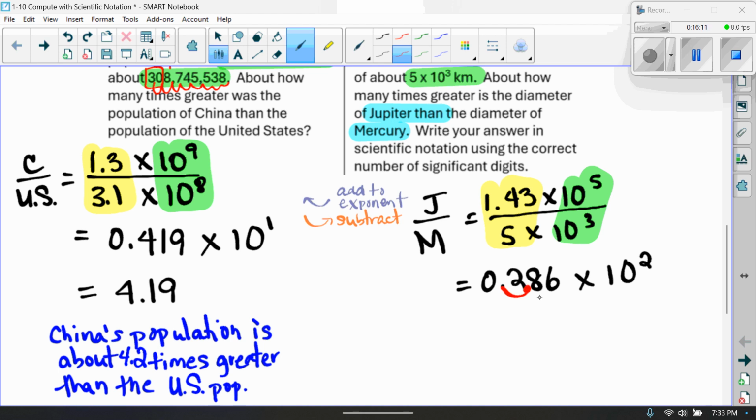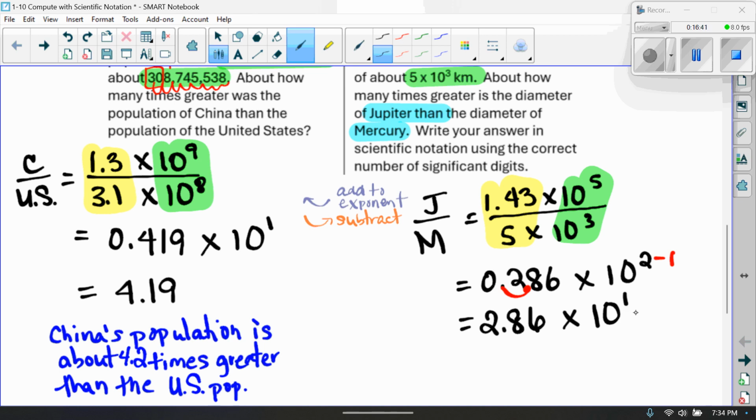So when we do that, we're going to move the decimal to the right between the 2 and the 8. Now, here's the trick: when we move the decimal to the right, that means that we need to subtract that many movements from our exponent. So we're going to subtract 1 from our exponent. So this is going to give us 2.86 times 10 to the first.